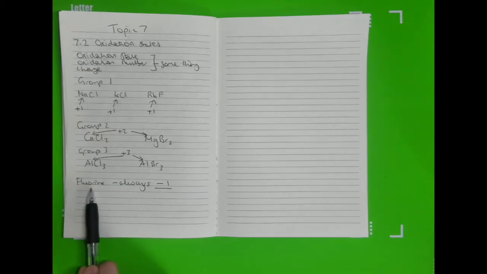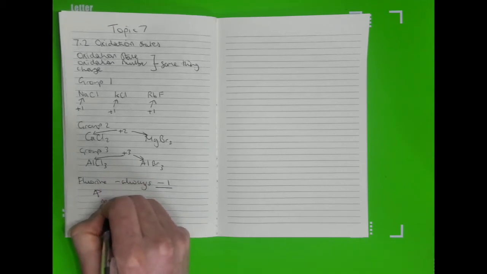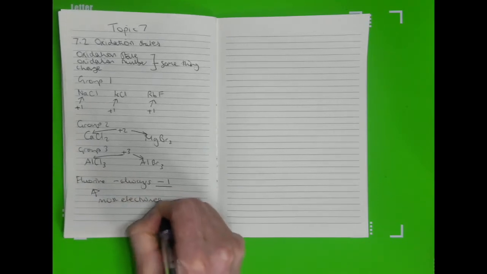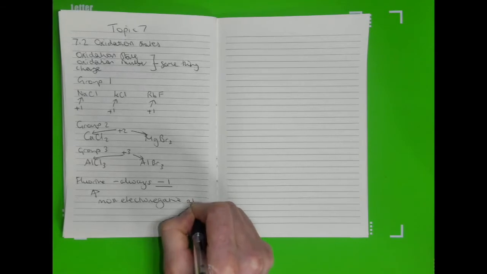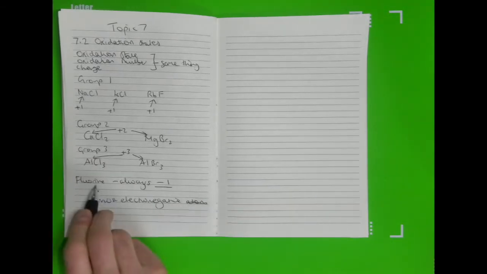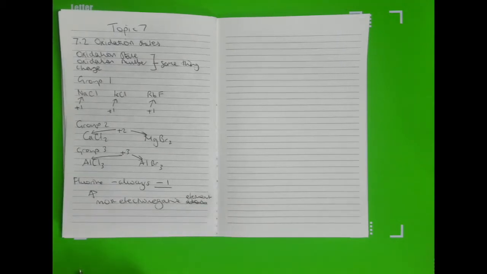But fluorine in group 7 is always -1. The reason why will become clear later on, but the underlying reason is that fluorine is the most electronegative element, or I should say atom, because in this case it would be an ion.